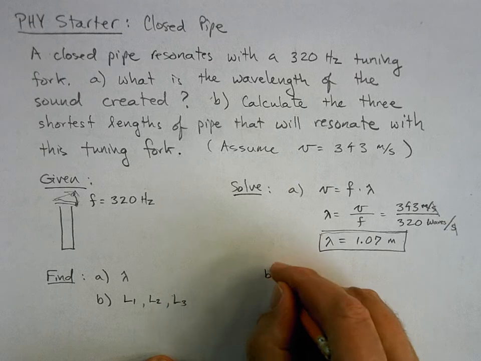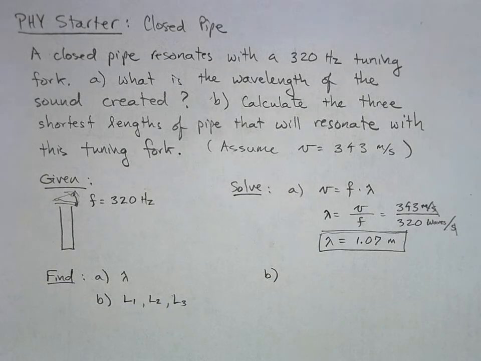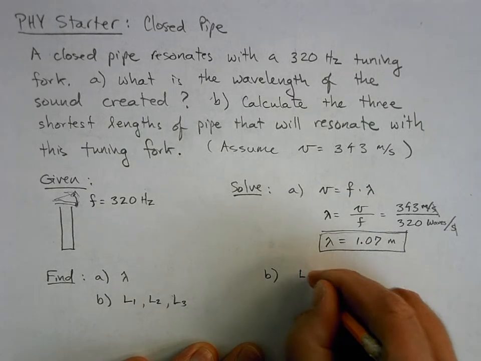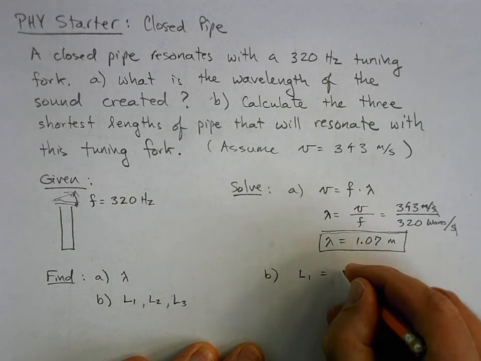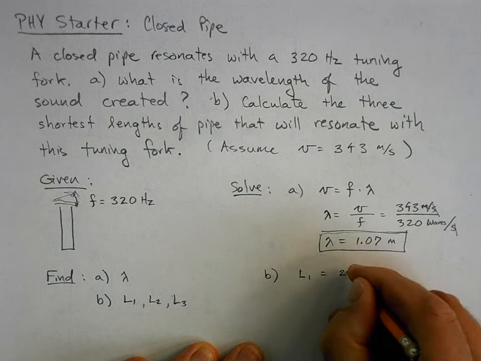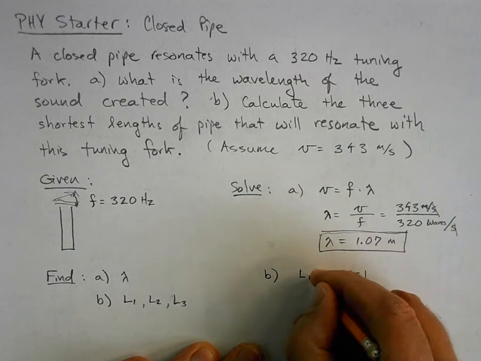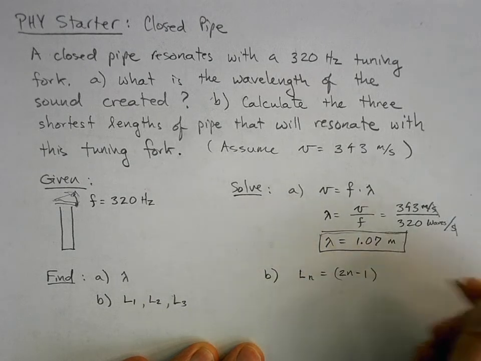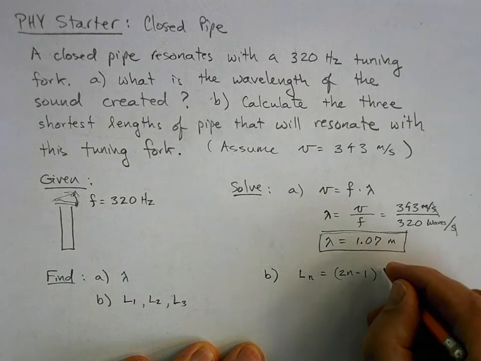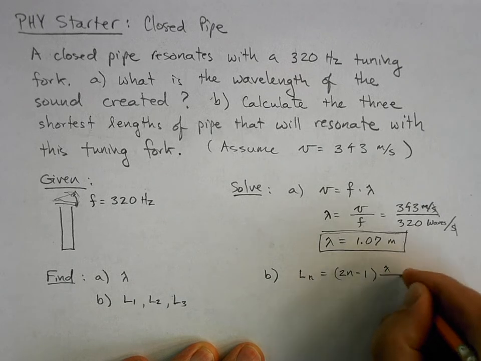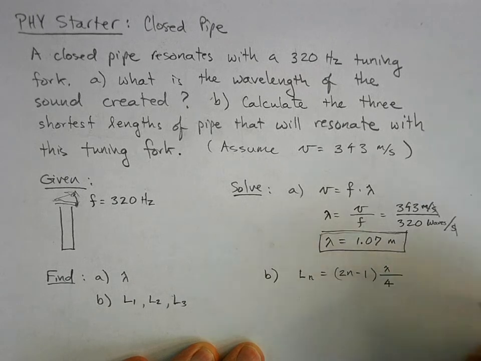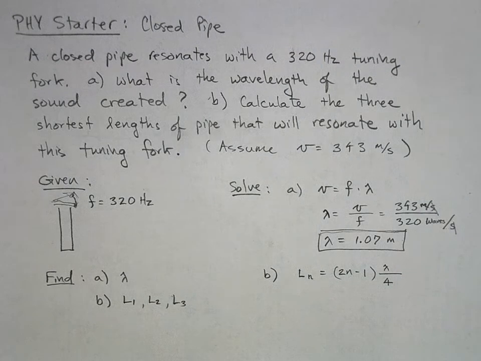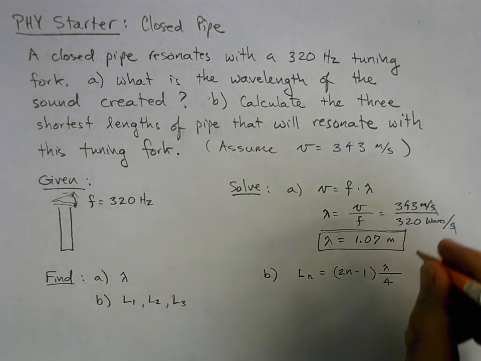Now for part B, well, we have an equation that says that L sub n is equal to 2n minus 1 times the wavelength over 4. Now that's one version of it, and we can use this since we now have the wavelength.